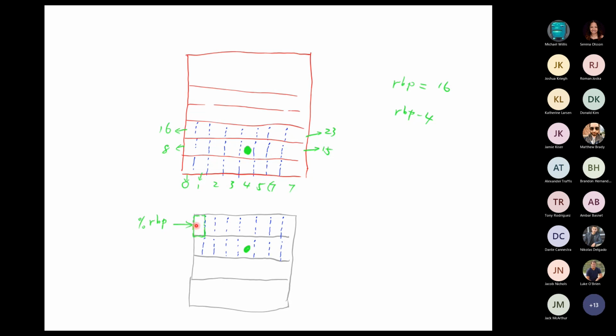If RBP is right here, minus 4, it comes to the green dot right here. In a similar way, if this is RBP, if we minus 1, we end up here. If we minus 2, here. 3, here. 4, right here.